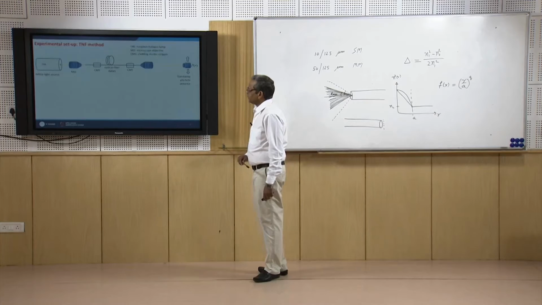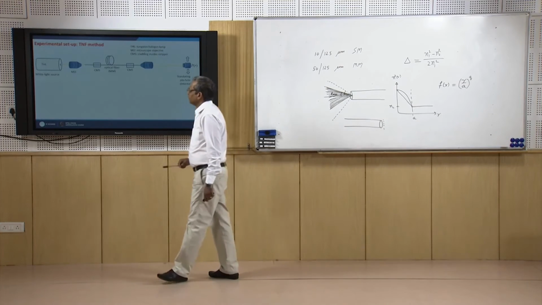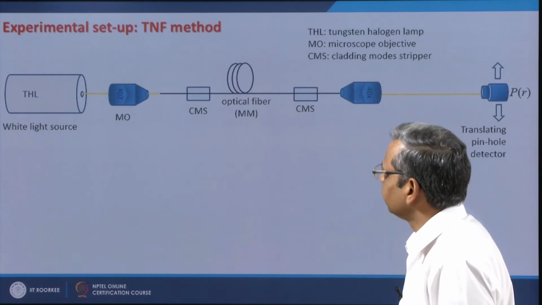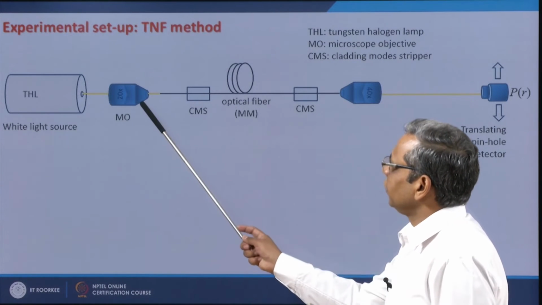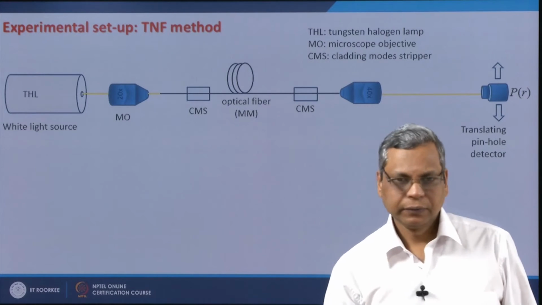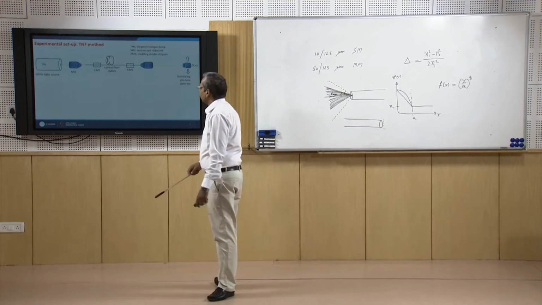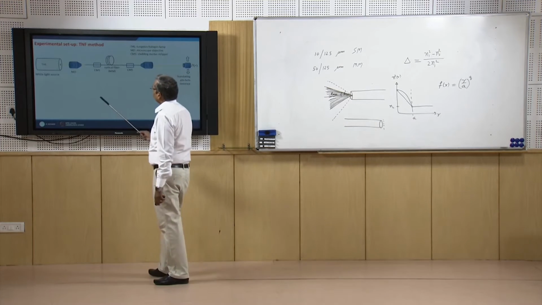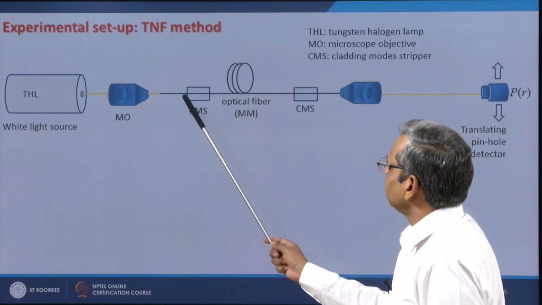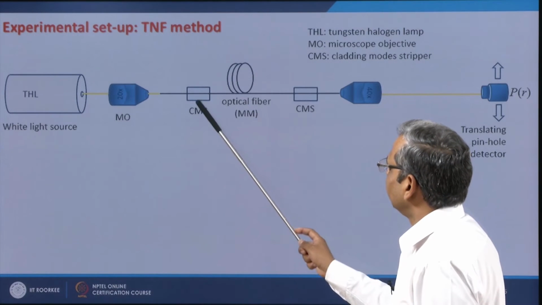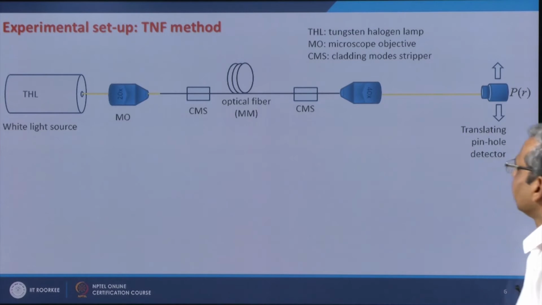So, how do I implement this? Again I take light from a white light source, which is a tungsten halogen lamp, use a 20x microscope objective which has sufficiently high numerical aperture. Then I launch light into this fiber using this and put cladding mode strippers.